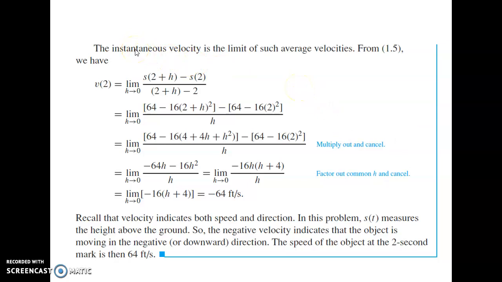So now let's find out the instantaneous velocity. In the earlier cases, in all the cases, we found the average velocity between two points. Now I will find the instantaneous velocity. We know that instantaneous velocity is the limit of average velocities. So I will take s up to h.